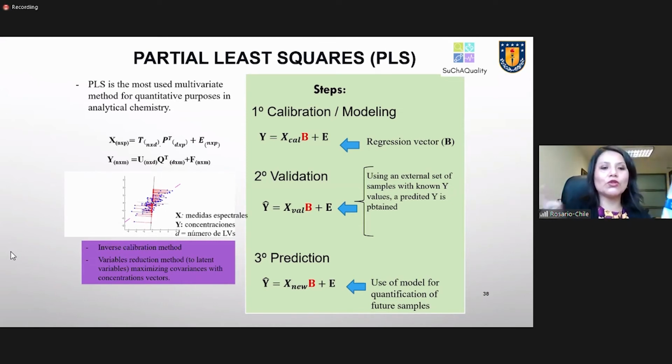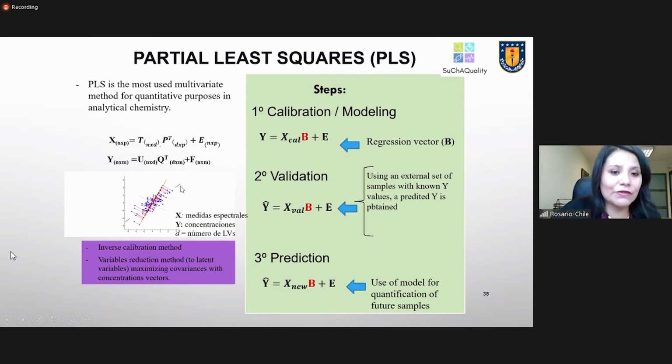So we want to correlate them together, and we will find some new variables, like principal components, but in this case the exact name is latent variables, which are correlated with the concentration, like in this graph. Here we have many possibilities to find the vector or principal component, but I want to find the vector which is correlated with this line.